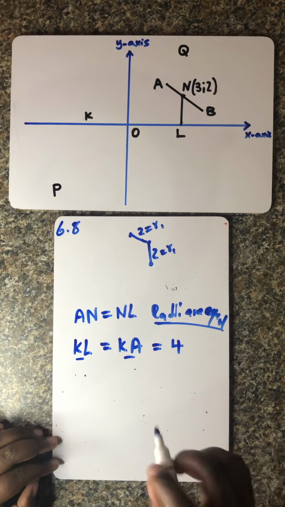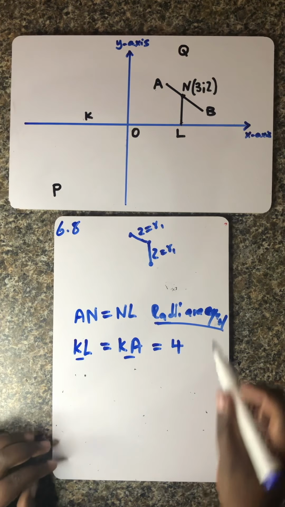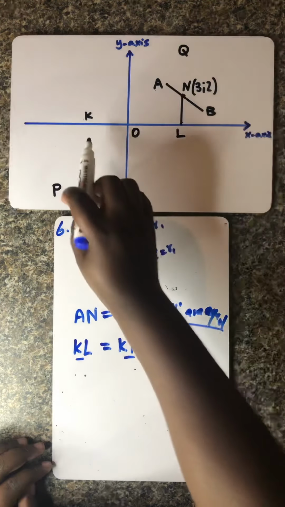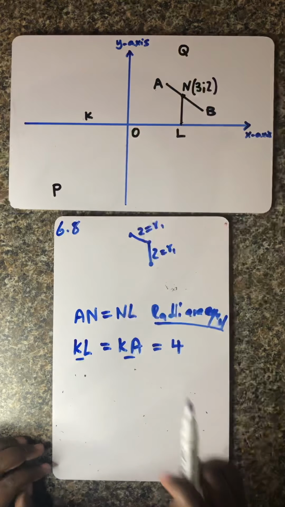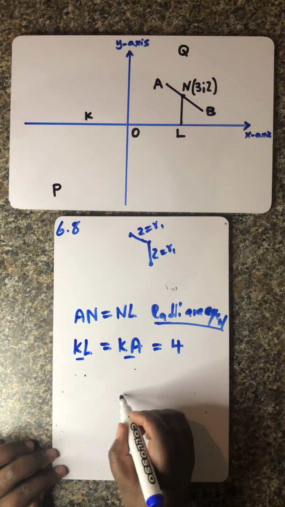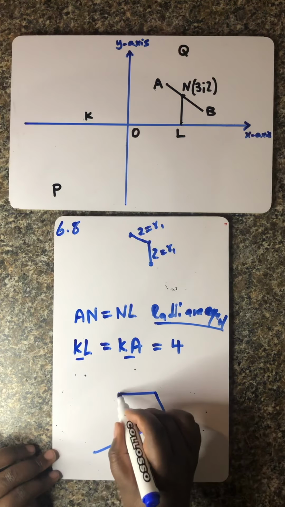But I'm sure you've written it somewhere on the previous question, where we calculated the length from there to there, and it was the same length as from there to there. Okay, so that makes it a kite, ladies and gentlemen, because we've got 2, we've got 2, we've got 4, we've got 4.